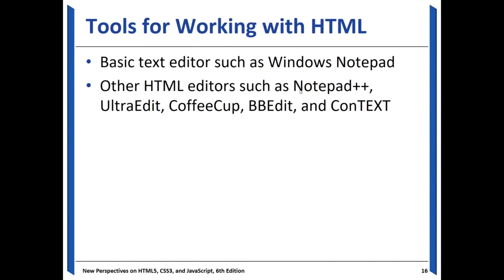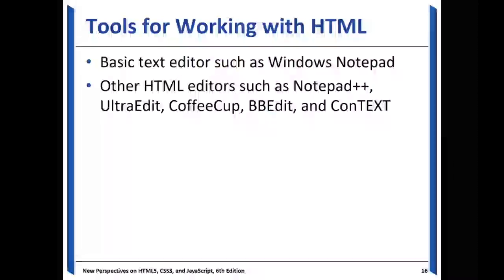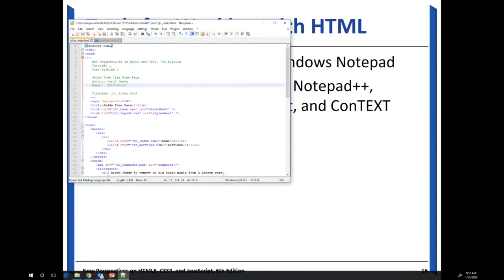Now, to work with HTML, you need a basic text editor, such as Windows Notepad. The one I recommend is Notepad++, and I'm going to pull this up and show you why. Notepad++ will give you the color coding on your tags and links.